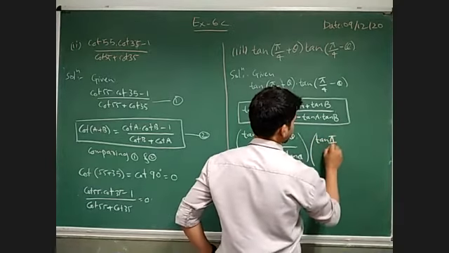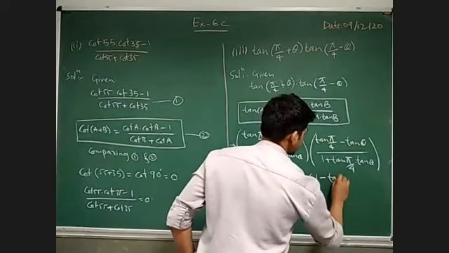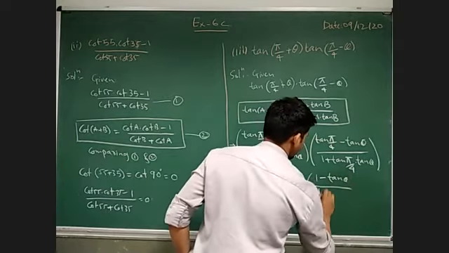Now tan pi by 4 I already know is 1. So here 1 plus tan theta and 1 minus tan theta, and here again 1 minus tan theta and 1 plus tan theta.